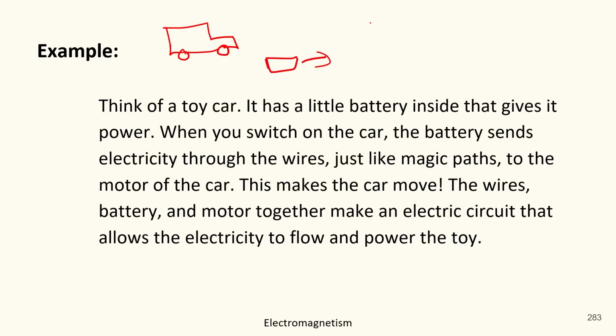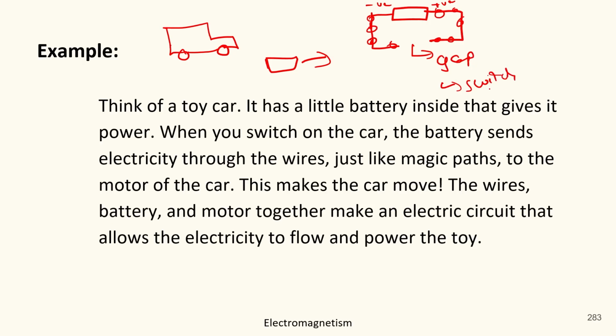Okay, and in this battery there is a system like this. Okay, positive terminal, negative terminal. So the current will start moving from this area to this area. Okay, but in between there is a gap, and this gap is because of the switch of the car.